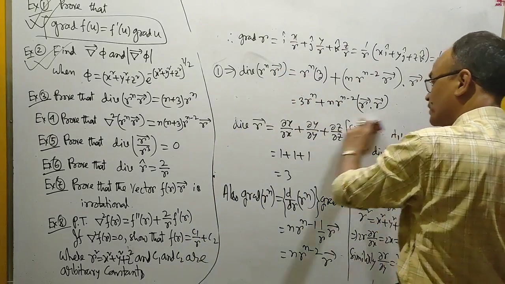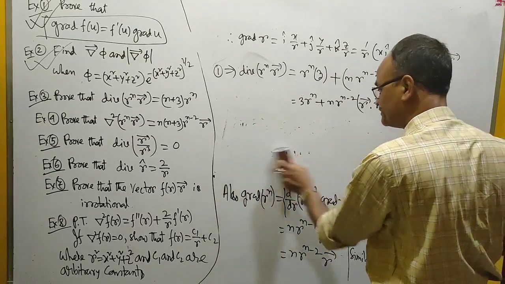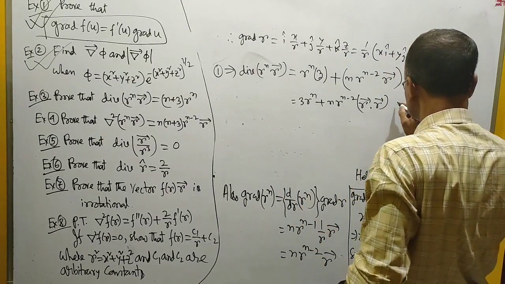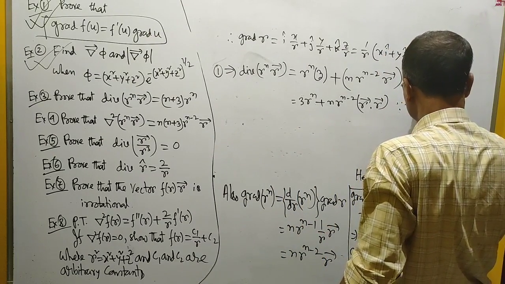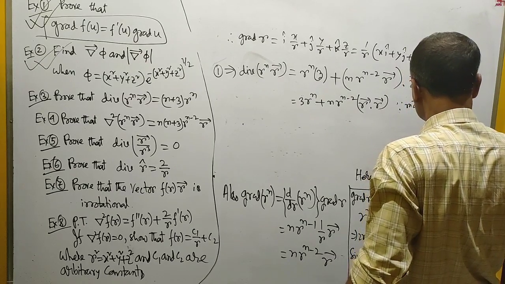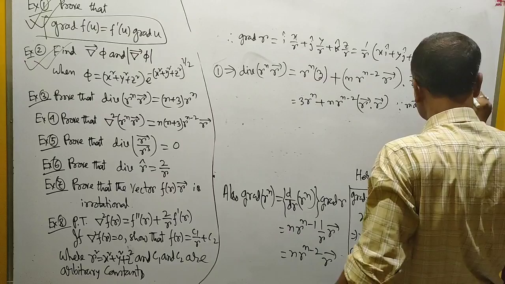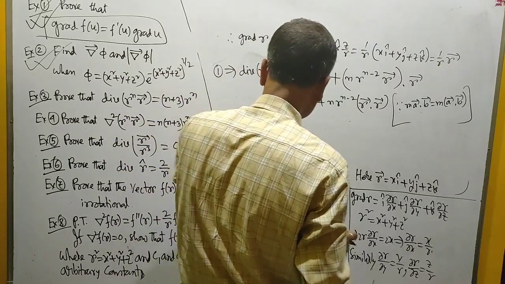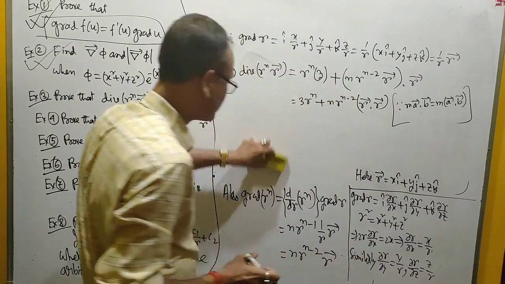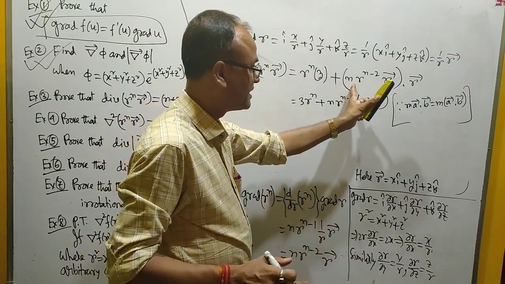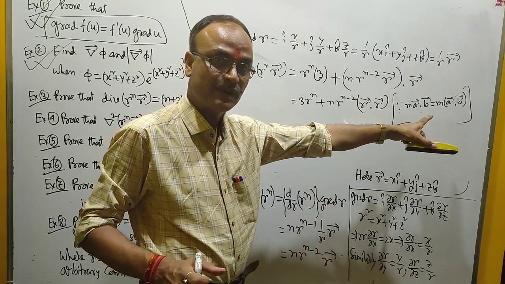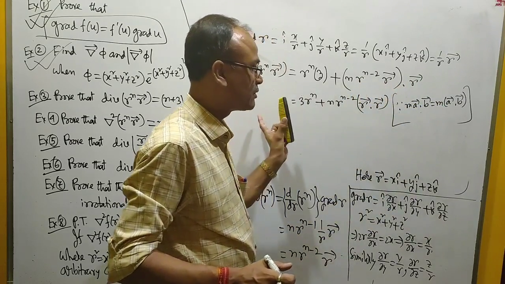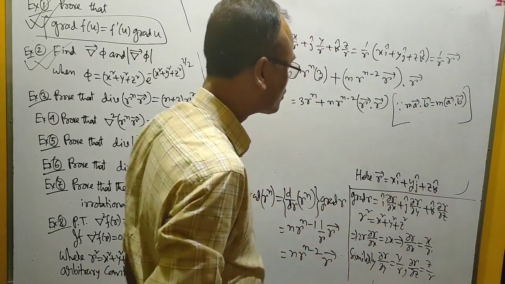What logic have we applied here? From vector algebra, m a vector dot b vector equals m times a dot b, where m is a scalar and a and b are vectors. The scalar m can be taken outside, and a vector dot b vector remains.